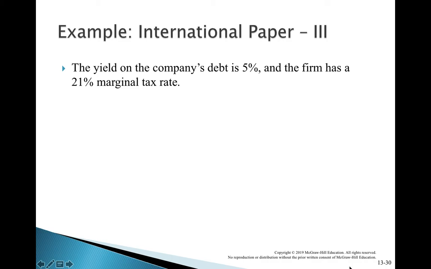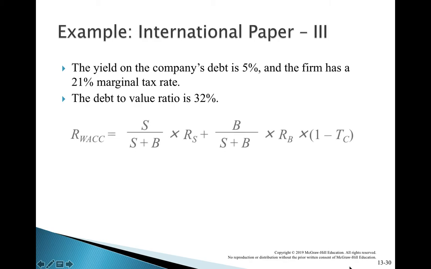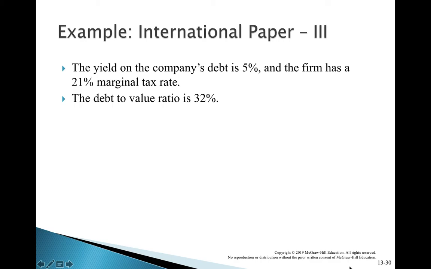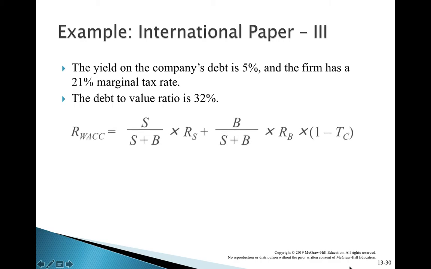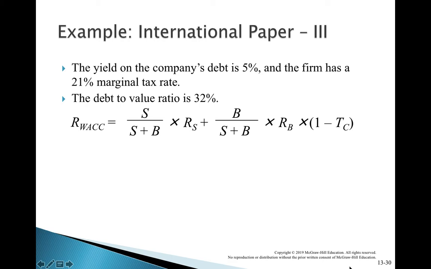Therefore, post-tax cost of debt will be 5% times 1 minus 21%, and debt to value ratio is 32%. Therefore, weight of debt is 32%. Therefore, weight of equity will be how much? 100 minus 32 is equal to 68%. Use the formula, put the formula and get the answer. The weight of debt is 32%, so the weight of equity will be 68%.